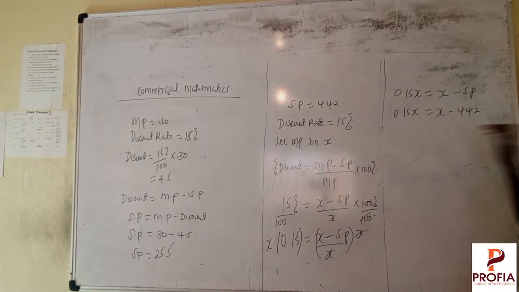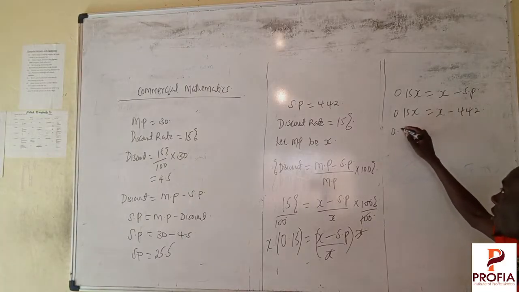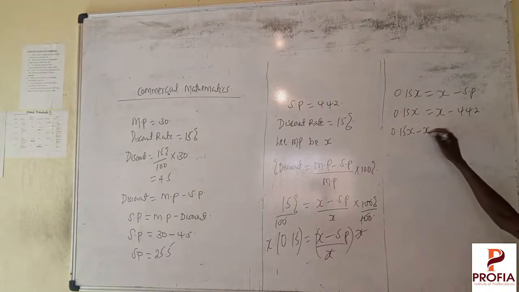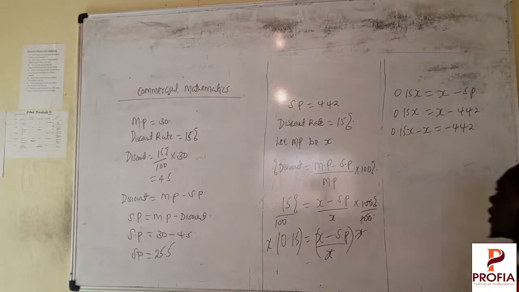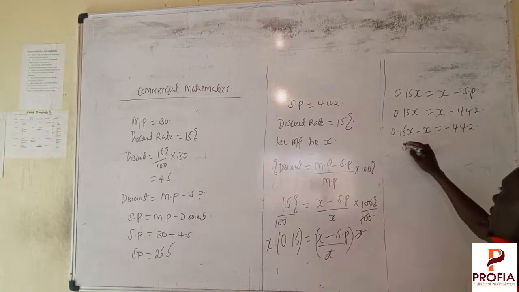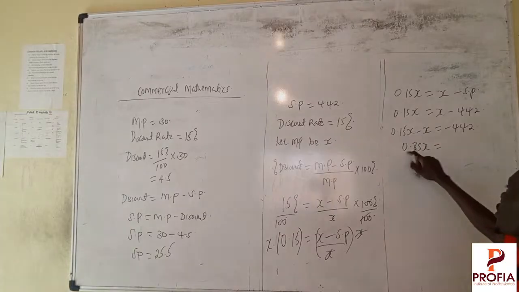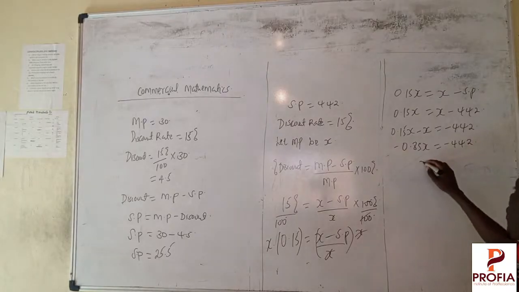Then we collect like terms. This x will move to the other side, so 0.15x minus x is equal to minus 442. If you take 0.15 minus 1, it is around negative 0.85. So negative 0.85x is equal to negative 442. What is our x?